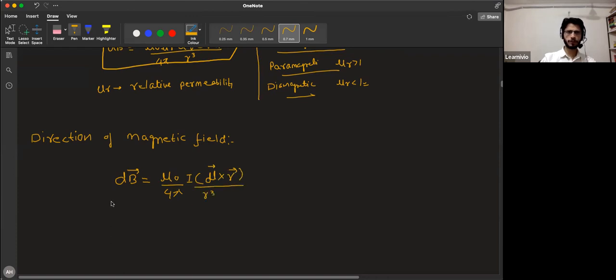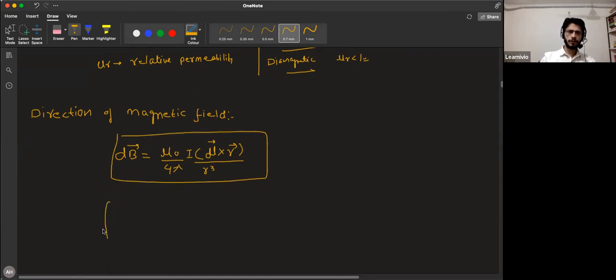This was Biot-Savart law in vector form. And this is your small current element, dl, and this is point P. You're supposed to calculate magnetic field at point P.